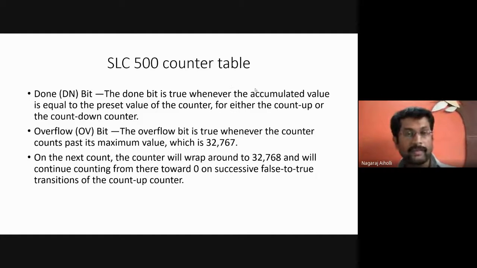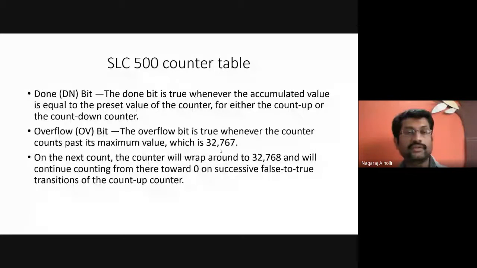The overflow bit is true whenever the counter counts past its maximum value, which is 32,767. So when it reaches this maximum value, the overflow bit will become equal to true. For 16 bits, usually the counting range is decided by 2^16.